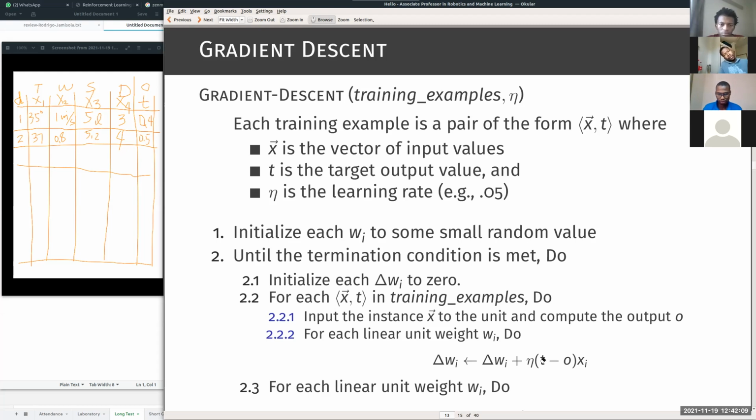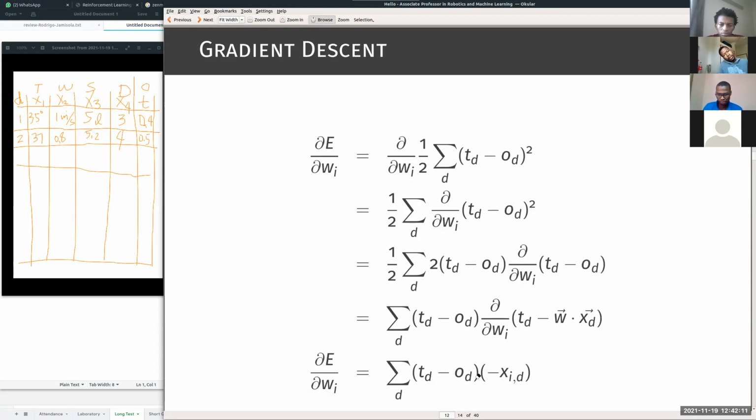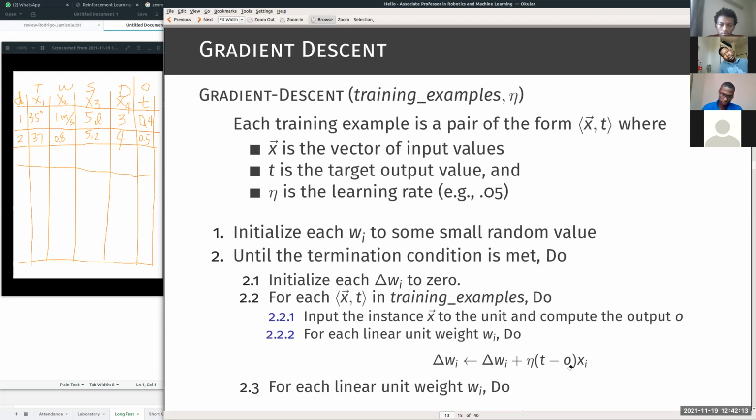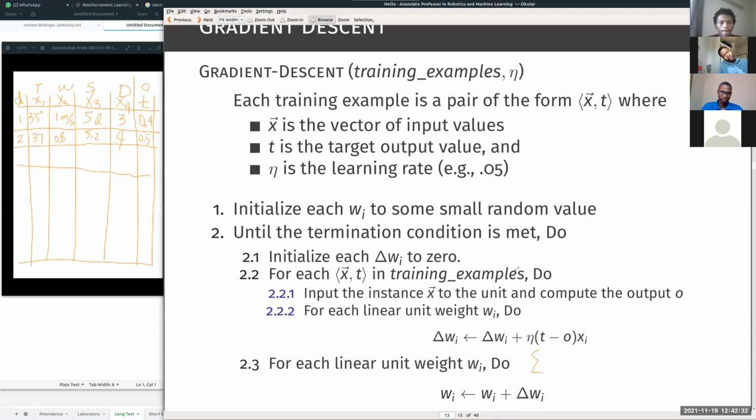Why is it here, not there? Summation of T minus O times Xi. So now this is T minus O only. There's no summation. Why is there no summation?